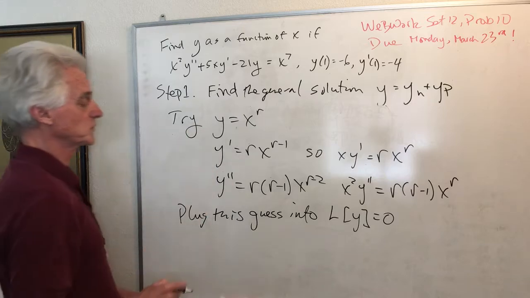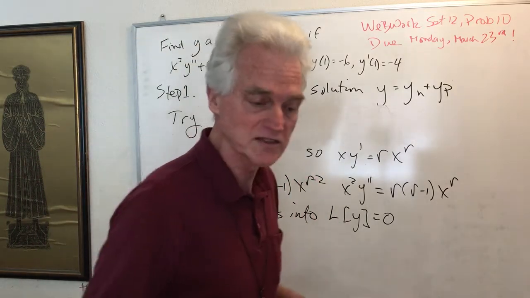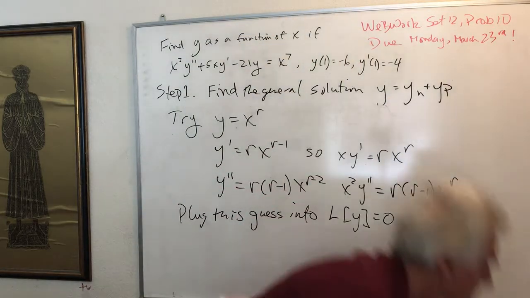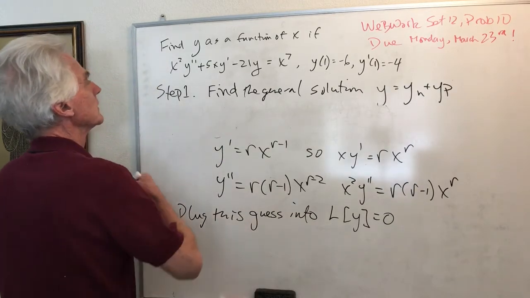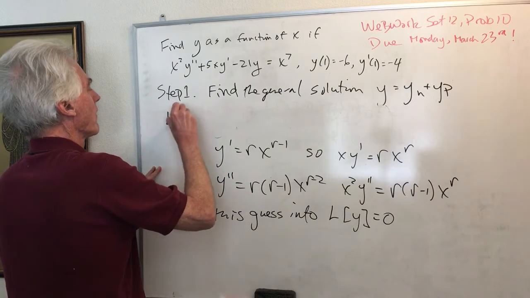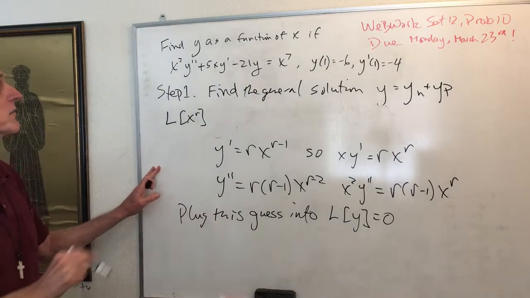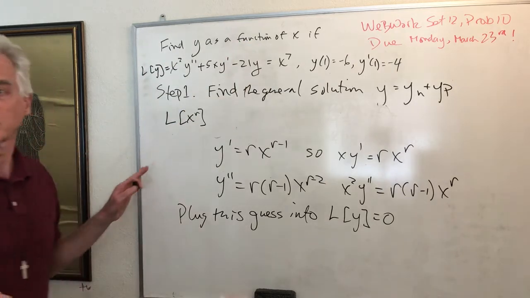To find yh, we do this. So let's actually simplify what L on x to the r is. L is this whole left-hand side, right? So Ly is that left-hand side.